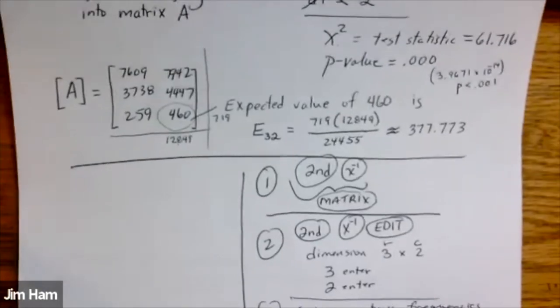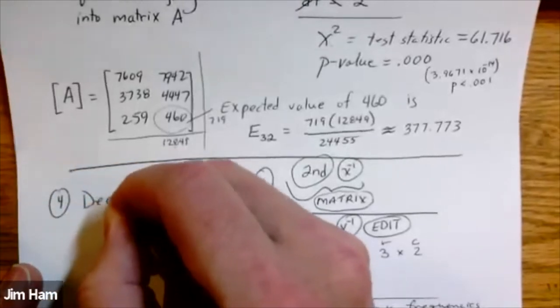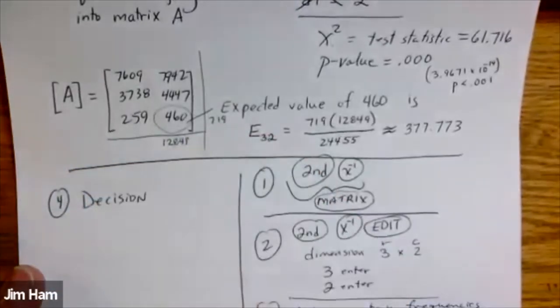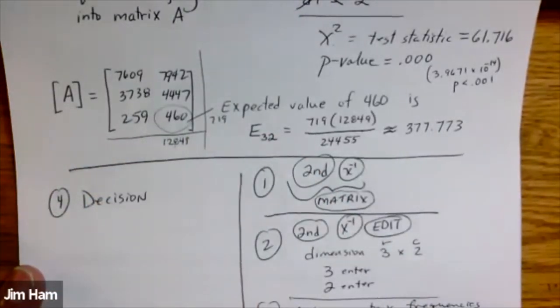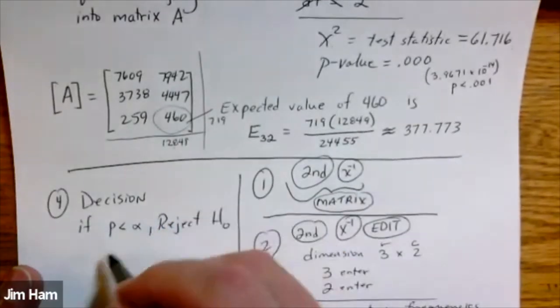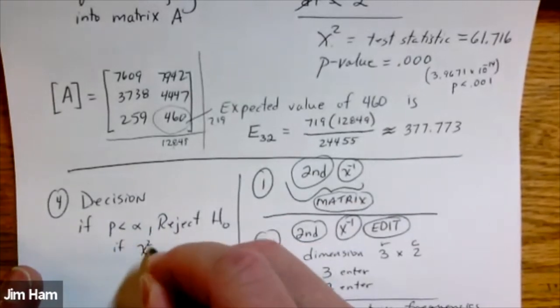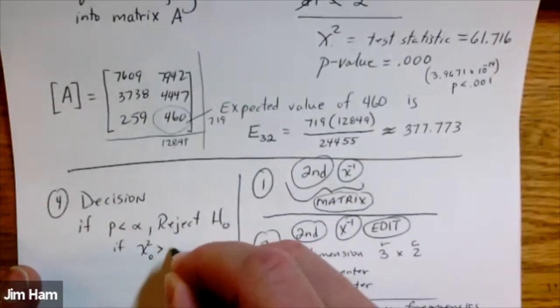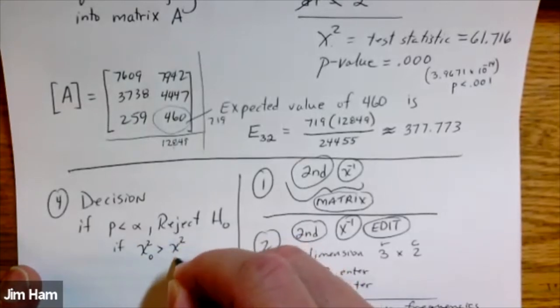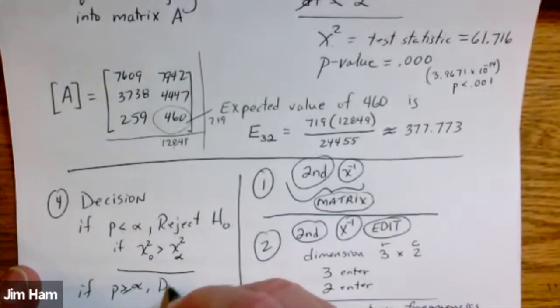So it's a little bit different in this one, but step 4 is the decision. And the decision is the same that we've been working with in the past. That is, if p is less than alpha, then we reject. Alternatively, if the chi-squared test statistic is greater than the chi-squared critical value, we reject. And if p is greater than or equal to alpha, we're not going to reject.